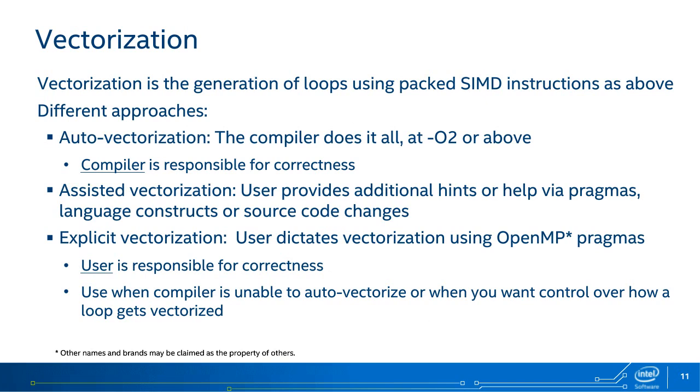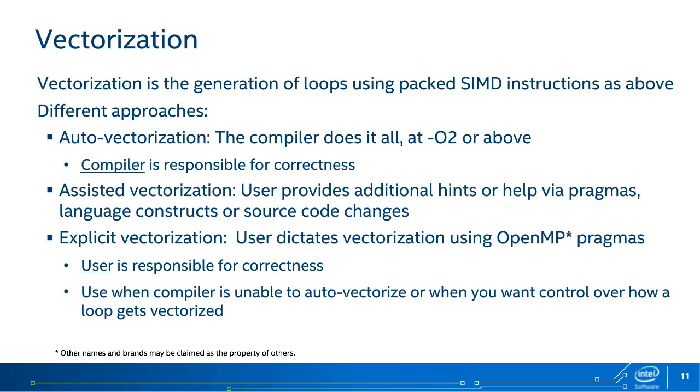So now we are ready to talk about vectorization in more details. Vectorization itself is the generation of loops using packed SIMD instructions, as was already stated. There are different ways to vectorize the code.